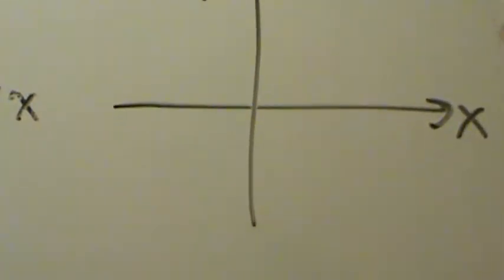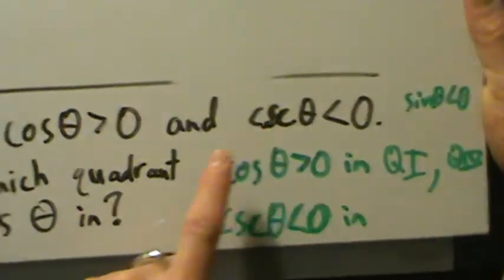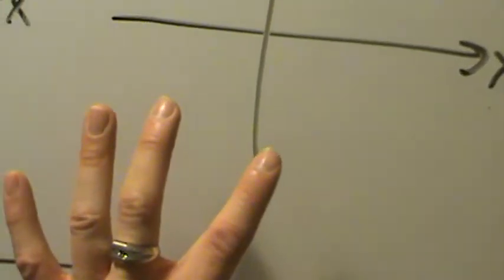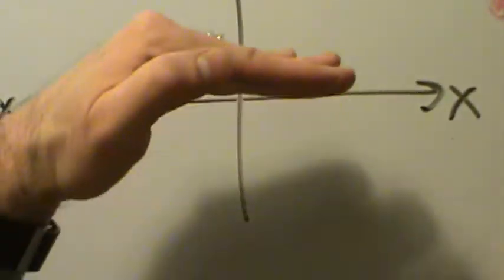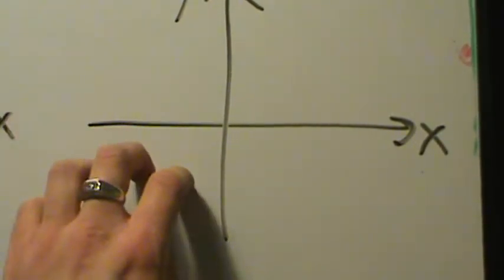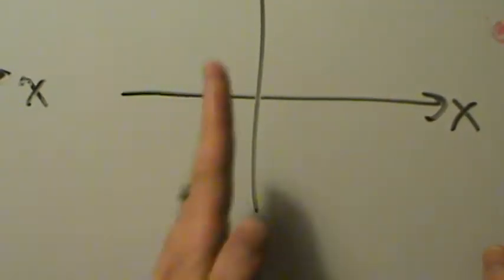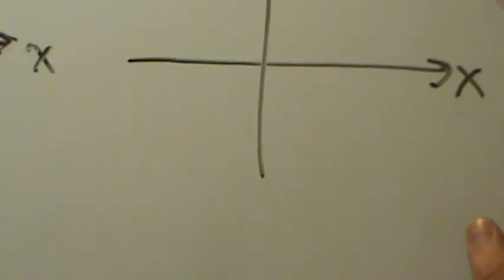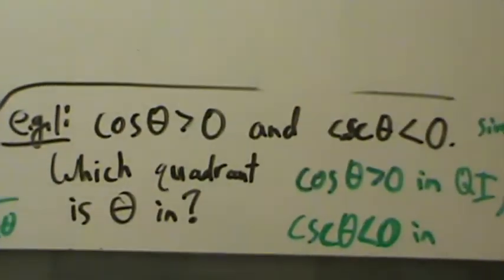Okay, so again, cosecant of theta is 1 over the sine of theta. The sine of theta corresponds to the y-coordinate, okay? And the y-coordinate is negative if we're below the x-axis. And if we're below the x-axis, then we're in quadrant 3 or quadrant 4. Or we're on the bottom half of the y-axis, but that's not going to happen. It's not a trick question. So either quadrant 3 or quadrant 4.